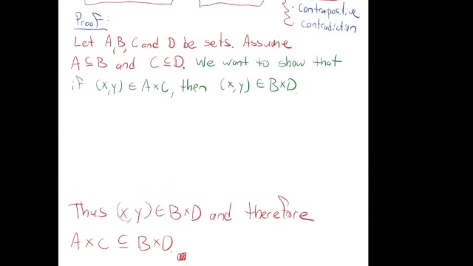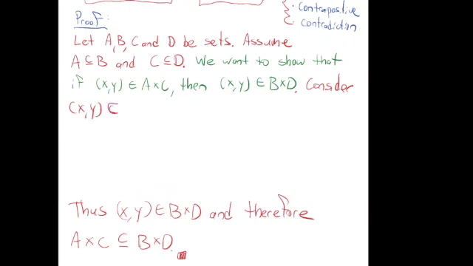So any thoughts on what we can do next? I guess start with: suppose that xy is an element of A cross C. Yep, so let's consider xy that sits in A cross C. And if I want to show that xy is an element of B cross D, what would need to come right before that?